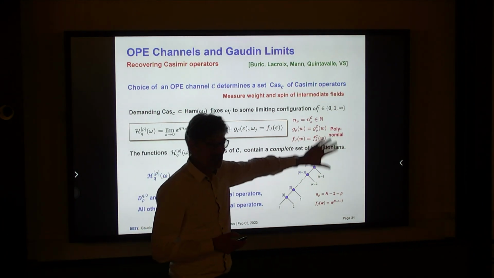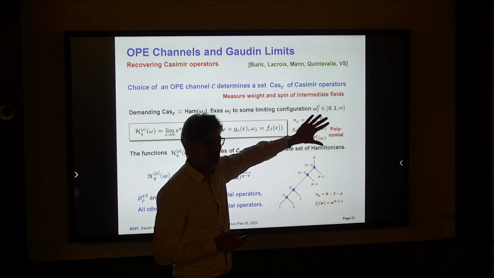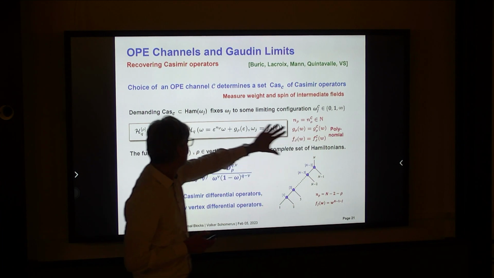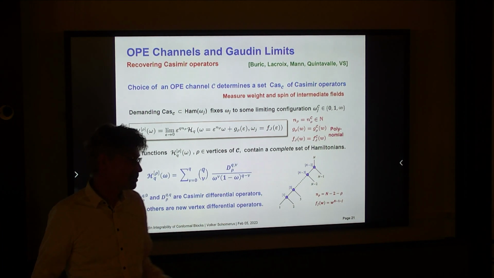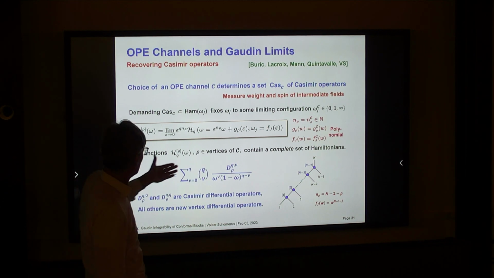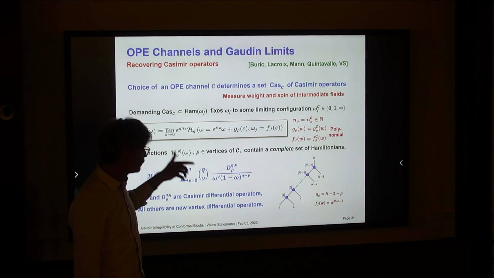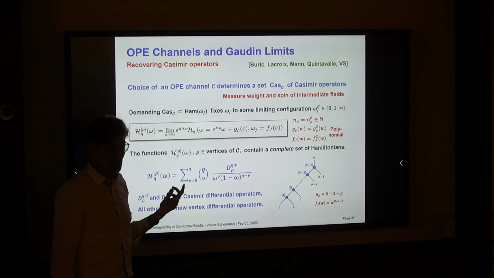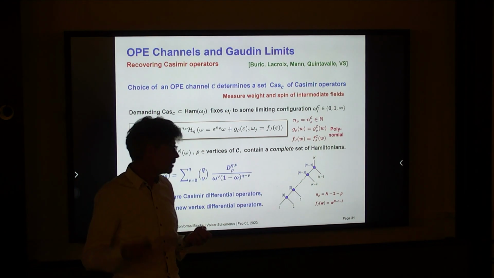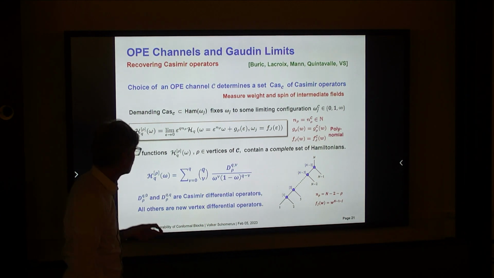For any OPE diagram, there's a precise algorithm to compute these data, and then you can take the scale limit of the Gaudin Hamiltonians, and out comes a system of commuting Hamiltonians, one for each external vertex, which have now only poles, singularities at 0 and 1. The one at infinity, of course, you can't see.